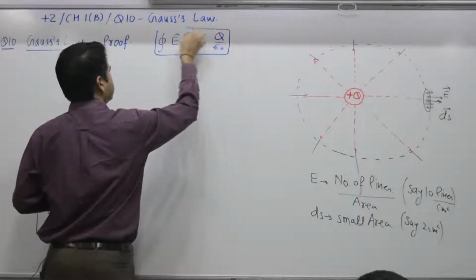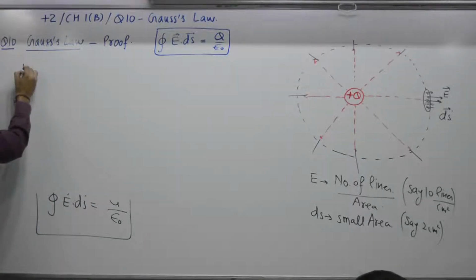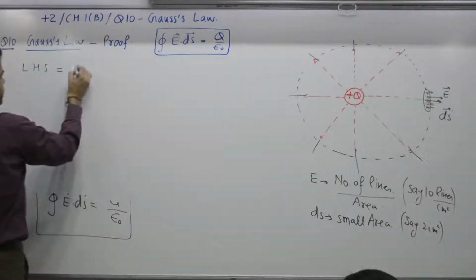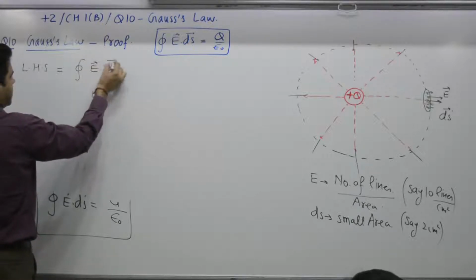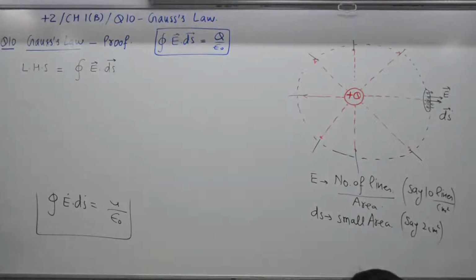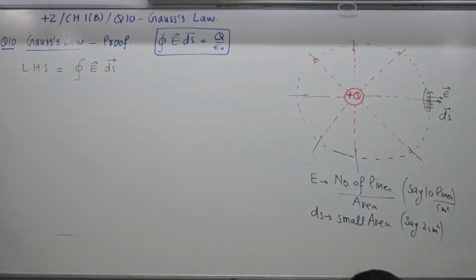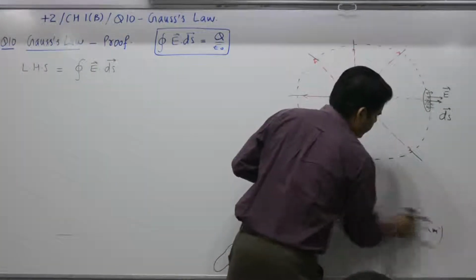This is what we want to prove. The left hand side, this part, E.ds, for this arrangement only, for a point charge.